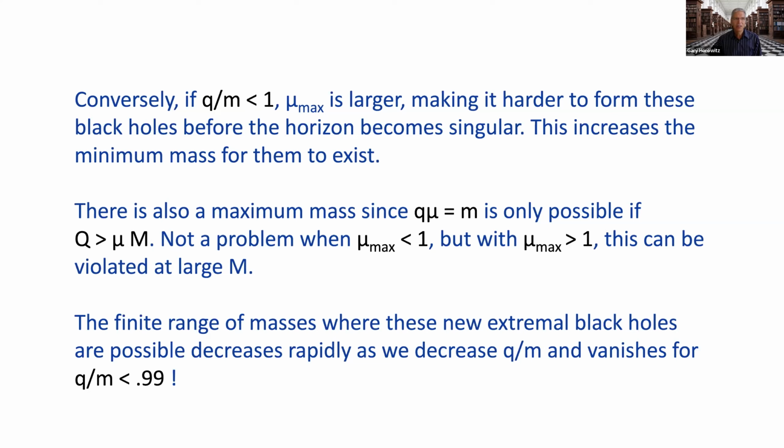And now this condition can be violated for large M. So these new extremal black holes, which are non-singular, only exist for a finite range of masses. And in fact, it rapidly shrinks. And as soon as Q over M is less than 0.99, you decrease it by 1%, these solutions stop existing, and the upper bound, the extremal limit, is singular for all masses.